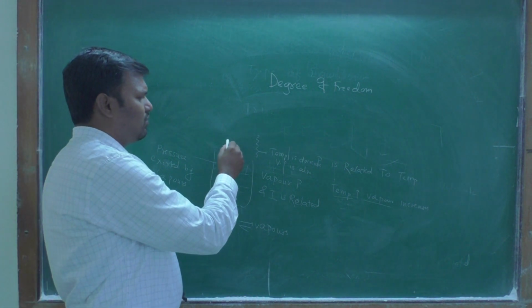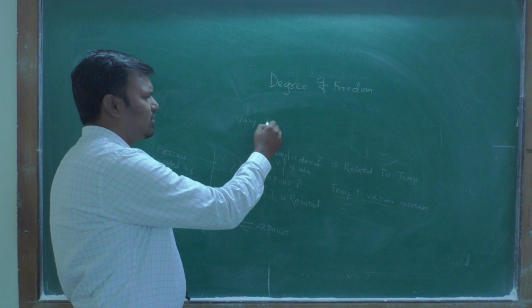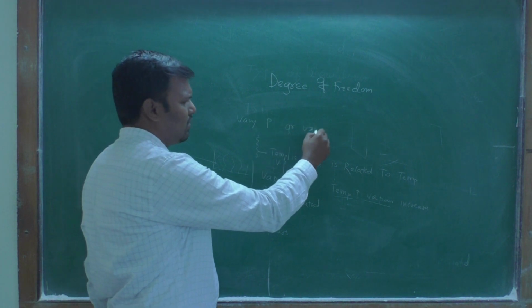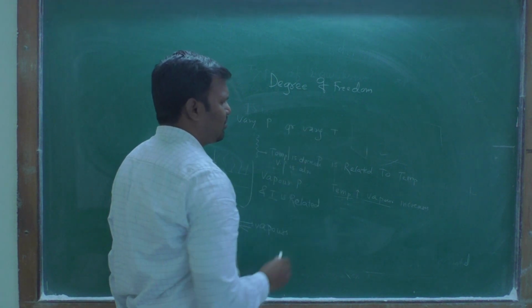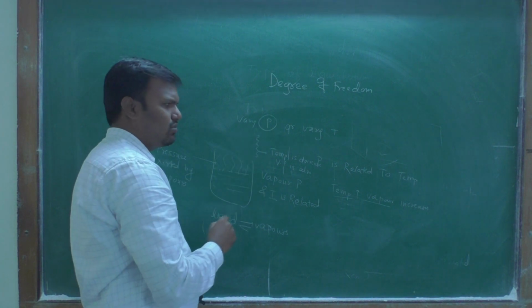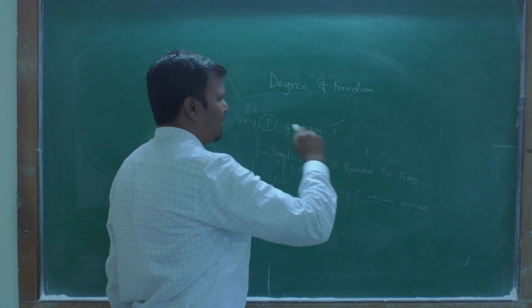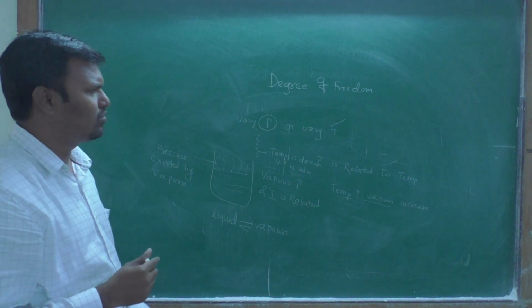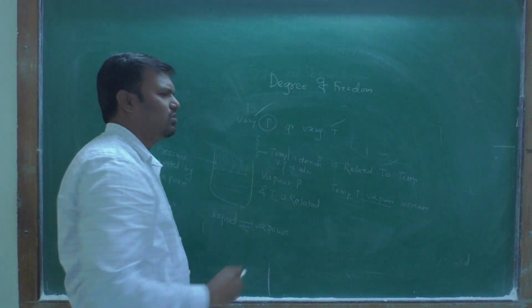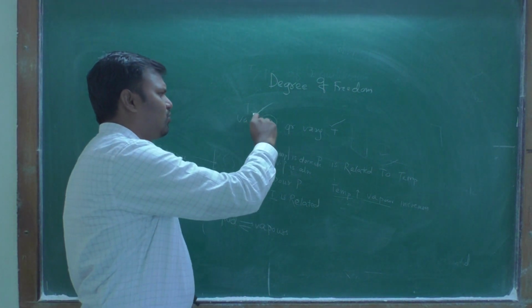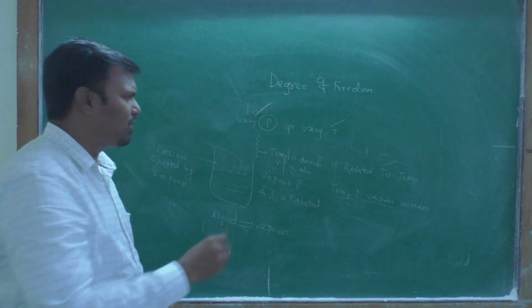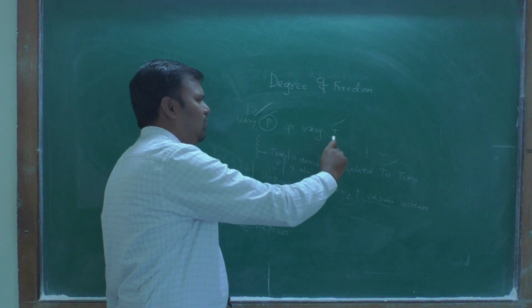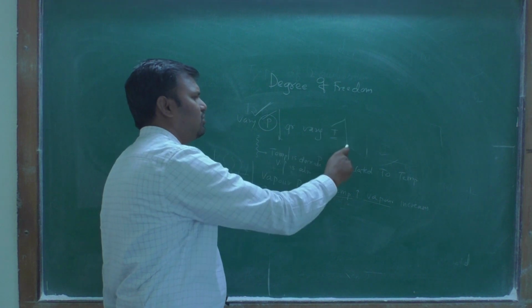Whether you vary the pressure or you vary the temperature. If you make the pressure constant and vary the temperature, then at a particular temperature you get the vapor pressure. And at a particular vapor pressure you can give the values of temperature.